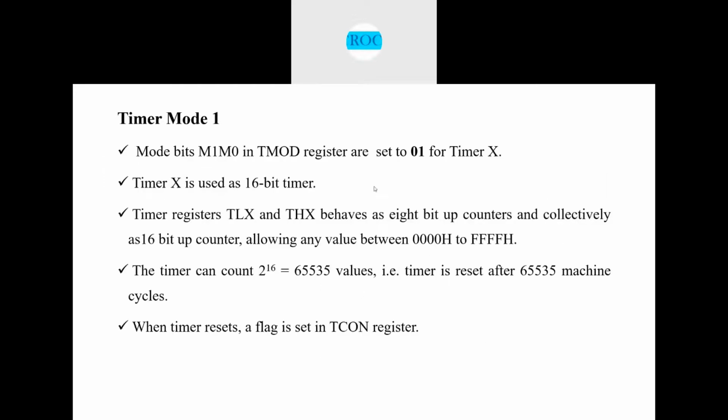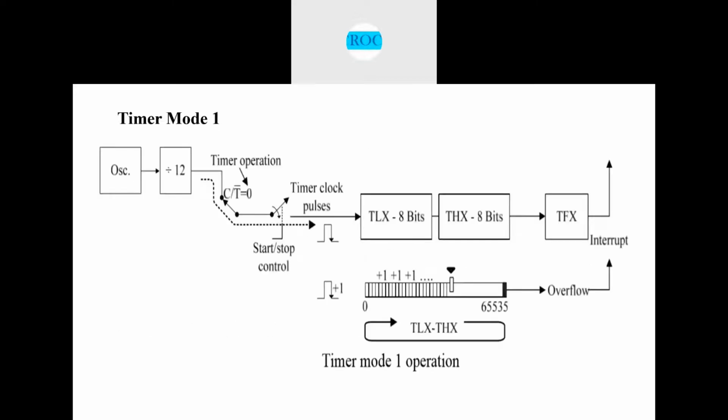The entire 16 bits are used to count the number of clock pulses, and whenever it reaches the maximum value of FFFFH, it will be reset to 0. It will raise the flag in the TCON register, and also if the interrupts are enabled, it will raise an interrupt there. This is about the timer operating in mode 1.